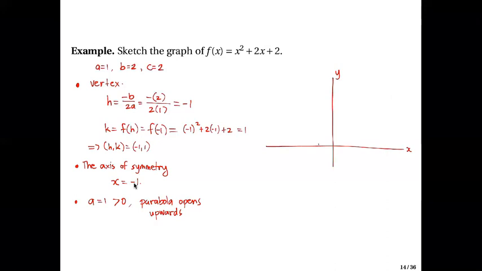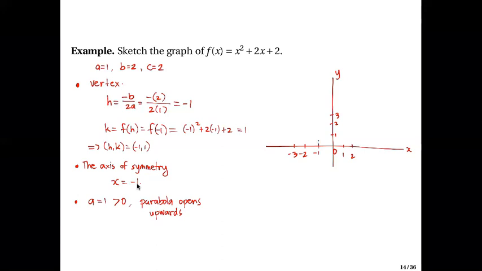So suppose this is your negative 1, you have your negative 2 here, you have negative 3, this is your 0, this is positive 1, positive 2. This is positive 1 for the y, positive 2 for the y, positive 3 for the y, etc.